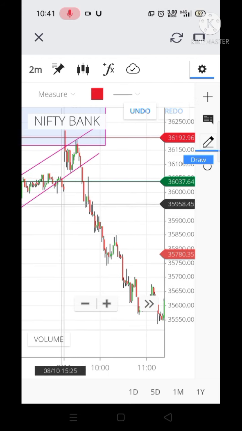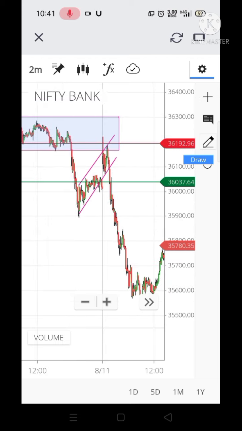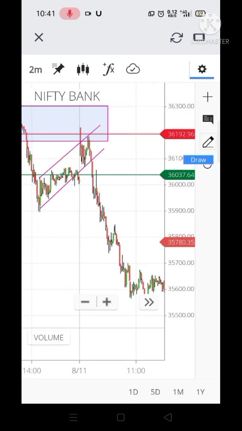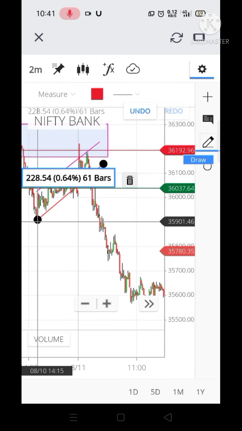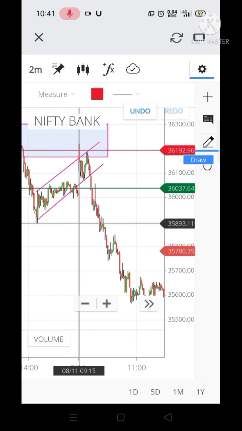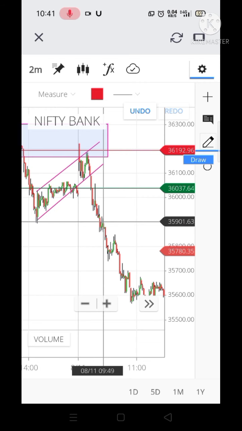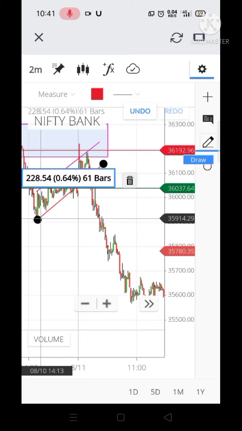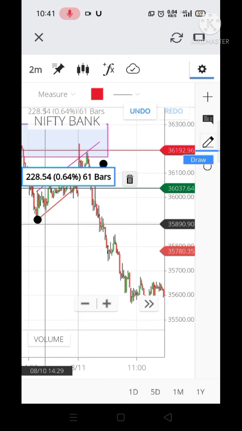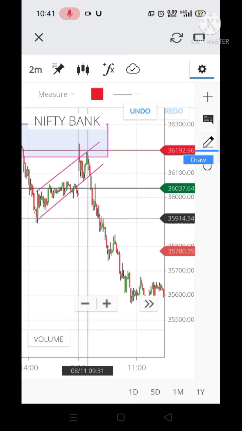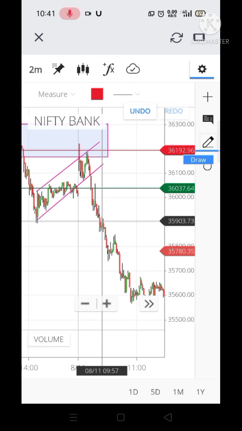Then I was looking for some area where I should book the target. This point was okay. This could be my target for 1:1, but as I told you, this was the previous day low. Actually, I should have booked my profit here, but that was just 1:1, and I tell you that always focus on risk reward ratio.